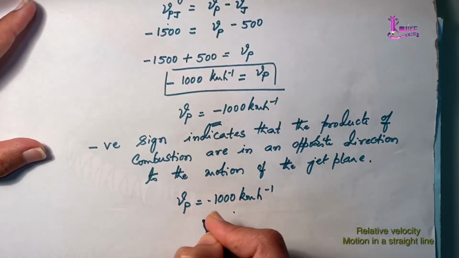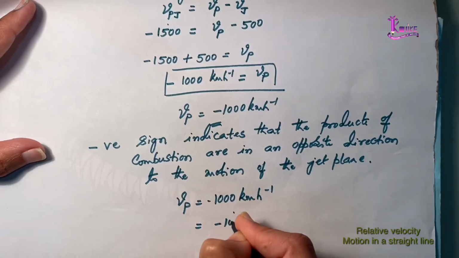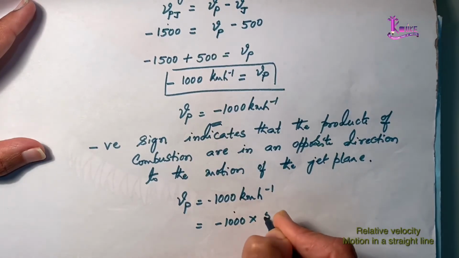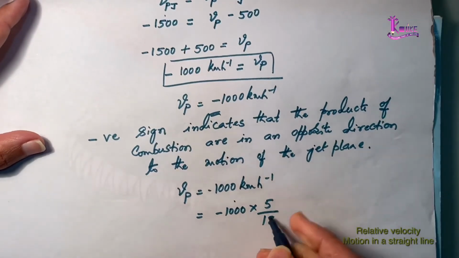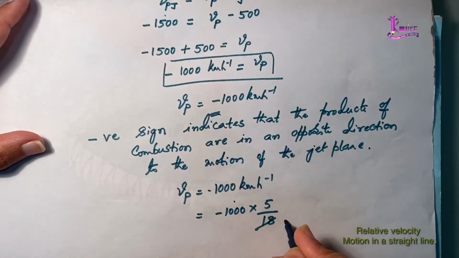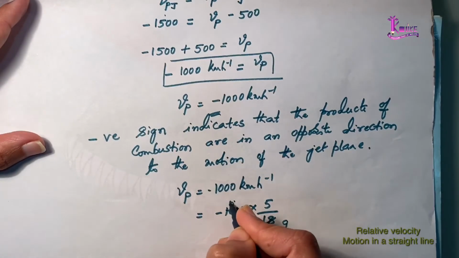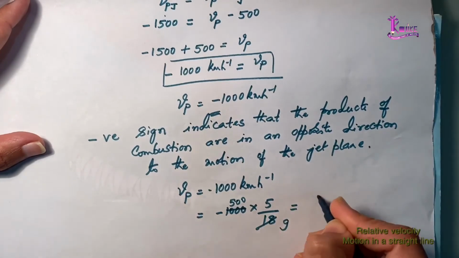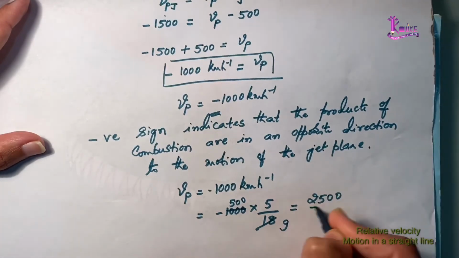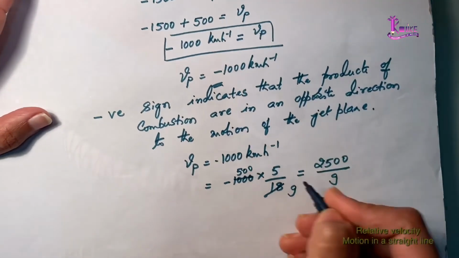So if I have to convert it into meter per second, I'll have to multiply it by 5 by 18. So it is 2 9s are 18, and you have 2 5s are 10. So this is approximately 2500 divided by 9.